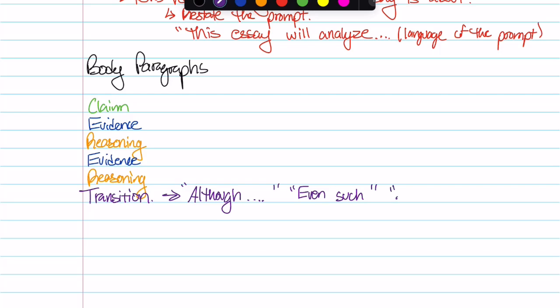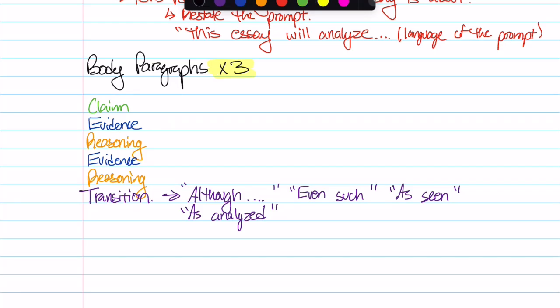As seen, or as analyzed. Get creative with it. These are just some starters that you can use for your transition statement. Remember, you're just reviewing what you touched on in the paragraph, and you're setting your reader up for your next paragraph, okay? And then remember, you need 3 body paragraphs. 3, okay? Follow the outline that we just did together.